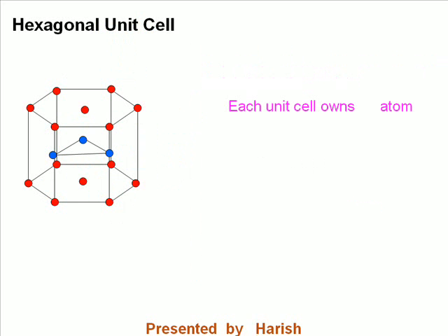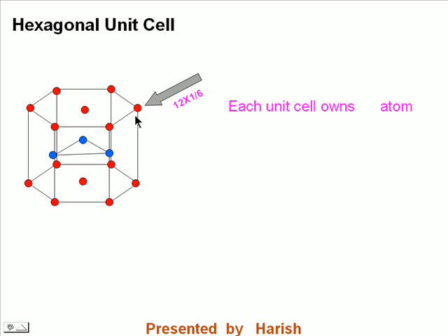Each unit cell owns how many atoms? Let's see. There are 6 at the corners of this particular face, and 6 on the other, so total 12, and the contribution towards this is only 1/6. Why only 1/6? This corner is common to 6 such unit cells. This angle is 120, so you can have 2 more because it's 360 minus 120.